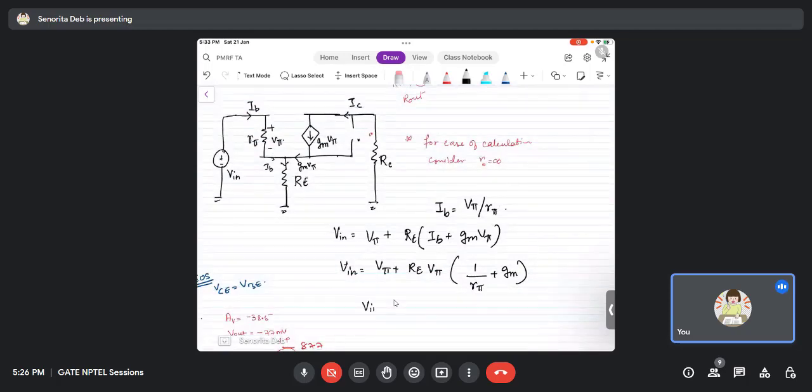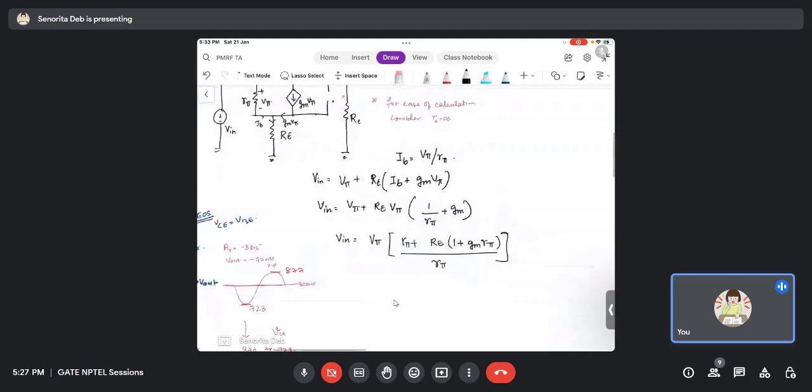Therefore, V in, which was equal to what in the earlier case? V in was equal to V pi in the earlier case, right? So now V in equals V pi times 1 plus, so let me write, R pi plus RE times 1 plus GM R pi upon R pi.